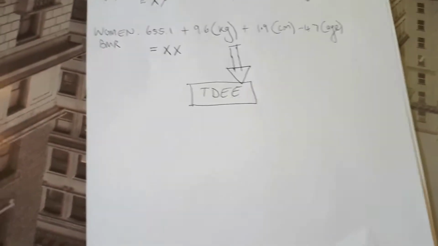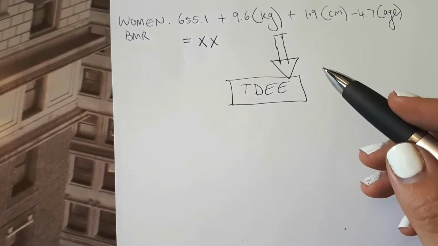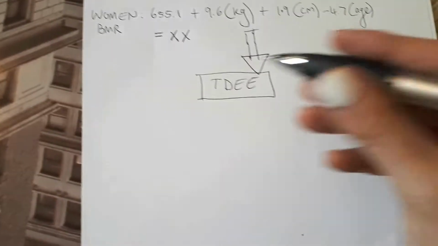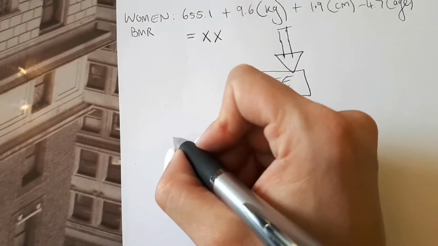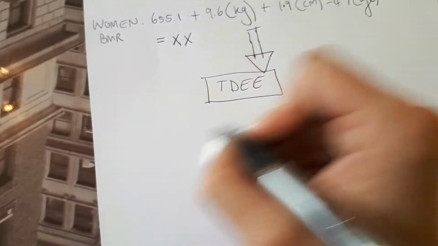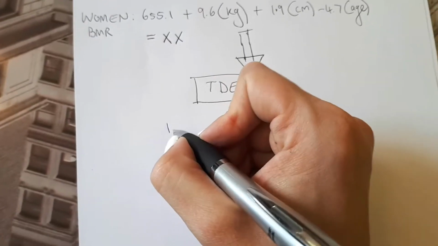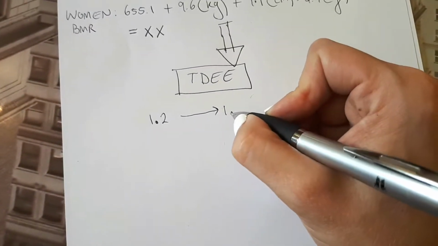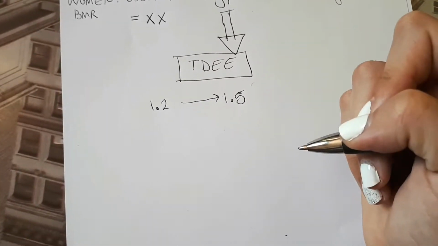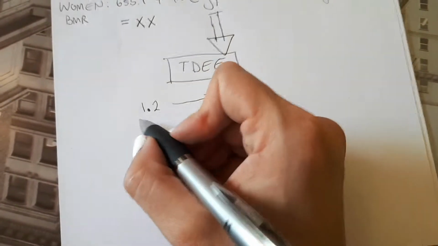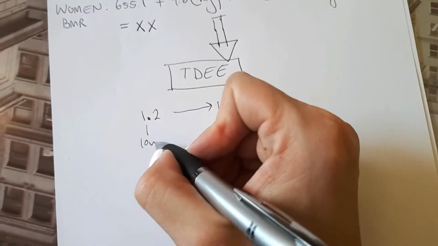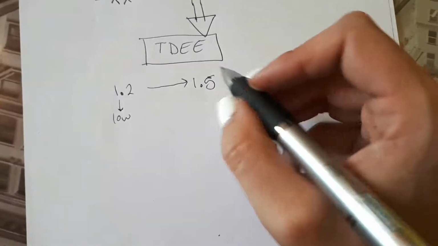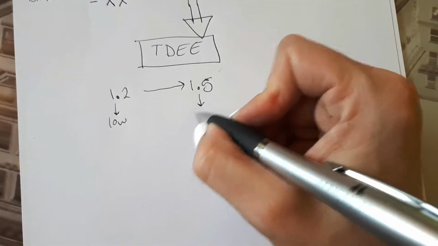Your TDEE is based on a scale of activity level. The scale I'm using for the purpose of this video is between 1.2 and 1.5, ranging from low activity level, or maybe a sedentary job, to 1.5, which is high.